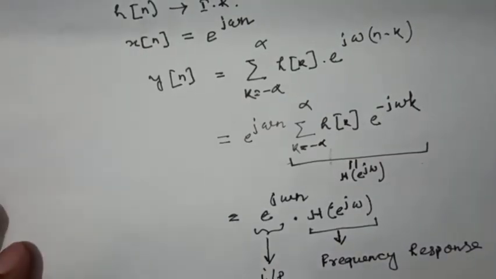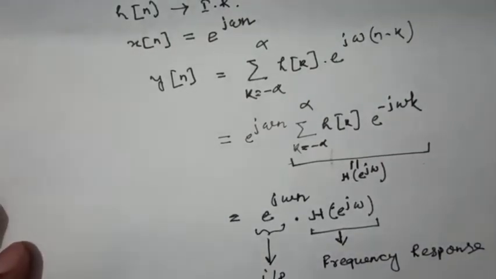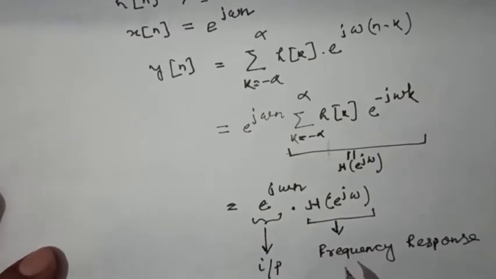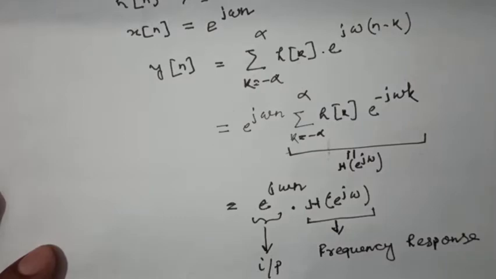So the output is input only. If the input is a complex exponential, the output is the input only. The difference is that the input gets multiplied by a complex valued function H of e to the power j omega, which is known as the frequency response of the system.